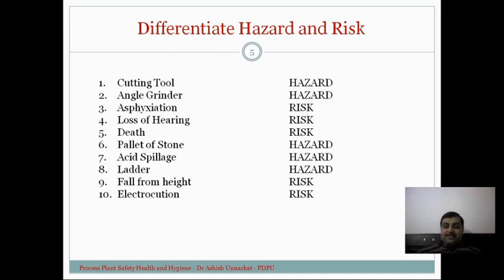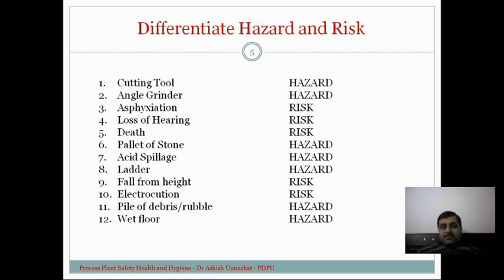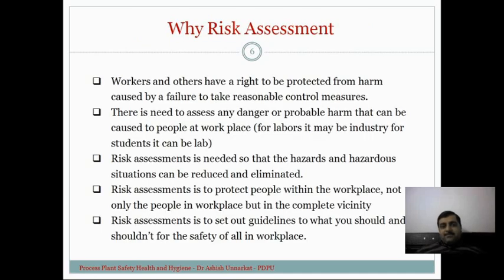Electrocution: electricity is a source or a cause, and electrocution is a risk. Any debris or rubble will be termed as hazards for tripping or falling. Any wet floor can also be termed a hazard. So that is what we have seen, how to differentiate hazard and risk as cause and effect relation.